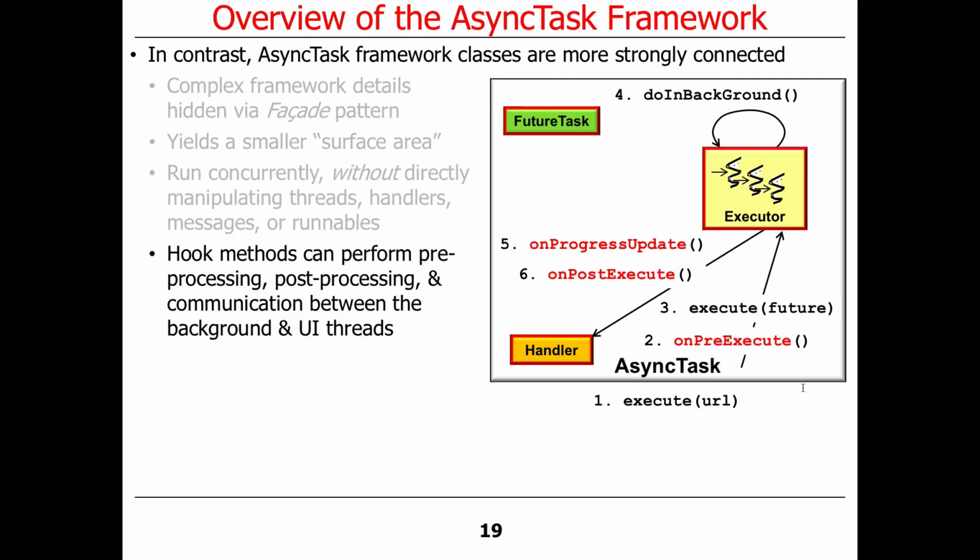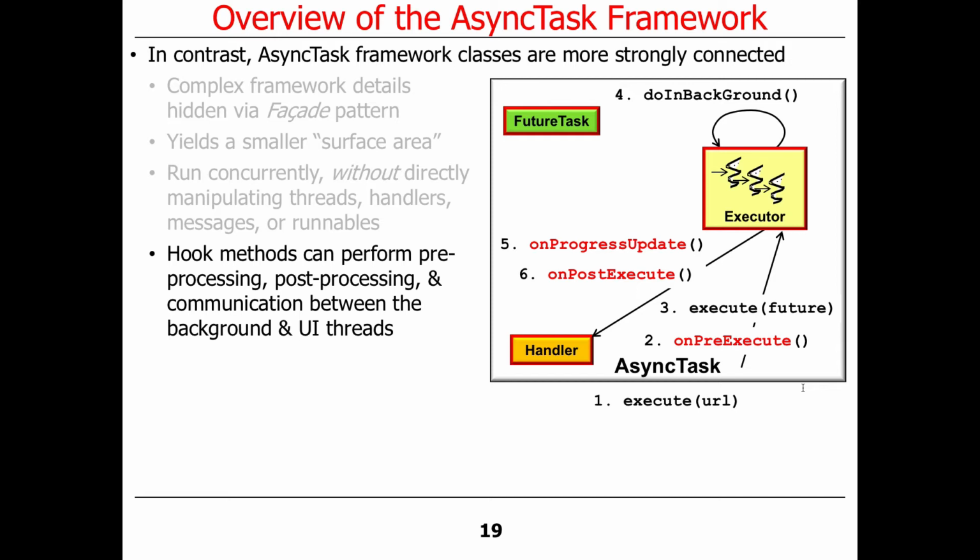The hook methods that are used provide you with opportunities to override the behaviors of your async task object in terms of well-defined points in the life cycle of the async task. And in particular, you can perform pre-processing in the user interface thread, post-processing in the user interface thread, and you can also have well-defined hooks to communicate from the background thread or threads to the user interface thread in a very stylized, convenient, and easy-to-use manner.